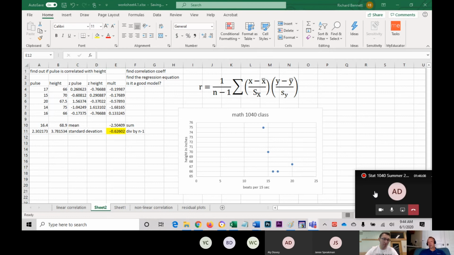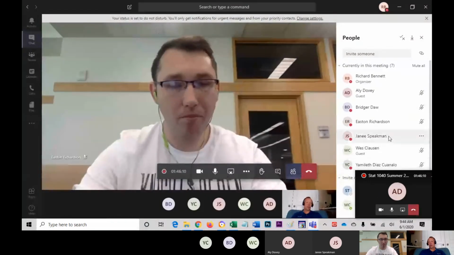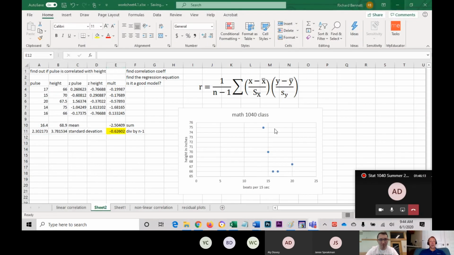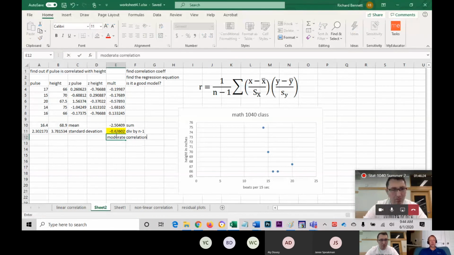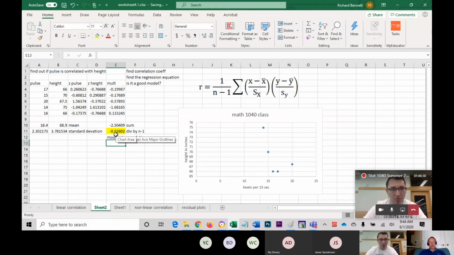Allie just answered that one, so we're going to throw this one at Easton. Easton, is that strong, moderate, weak, no correlation? It'd be moderate. We would call that moderate correlation, okay? All right, so now that we've done that, can we find the regression equation?